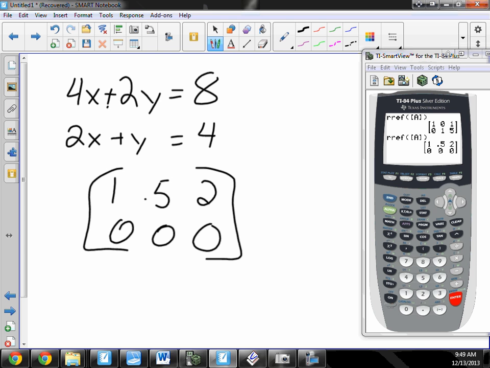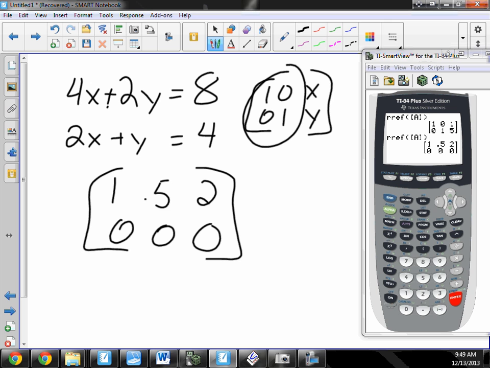So far, every problem you've done, you've seen this pattern, 1, 0, 0, 1. And then you have some x value answer and some y value answer. If you see this pattern, then the lines touch once. Okay?